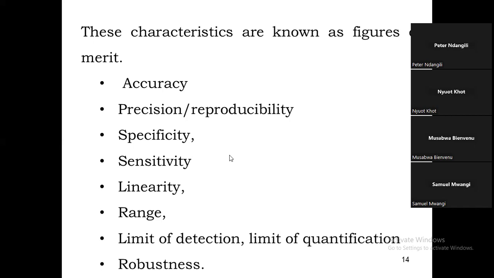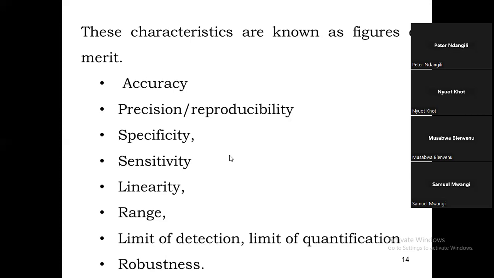Precision, which we also call reproducibility, that when you do several measurements, then the data that you get must be in agreement. Precision and accuracy are different. Precision alone is not sufficient. Accuracy alone is not sufficient, but a combination of the two is very important.